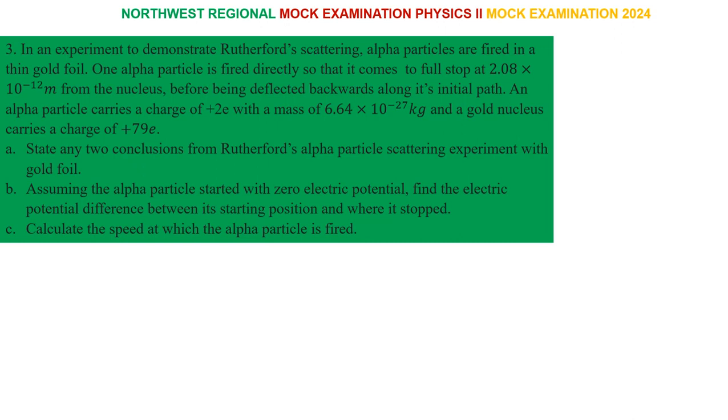An alpha particle carries a charge of plus 2e, where e is the electronic charge, with a mass of 6.64 times 10 to the negative 27 kilogram, and a gold nucleus carries a charge of plus 79e. A: State any two conclusions from the Rutherford alpha particle scattering experiment with the gold foil. B: Assuming the alpha particle started with zero electric potential, find the electric potential difference between the starting position and where it stopped. C: Calculate the speed at which the alpha particle is fired.